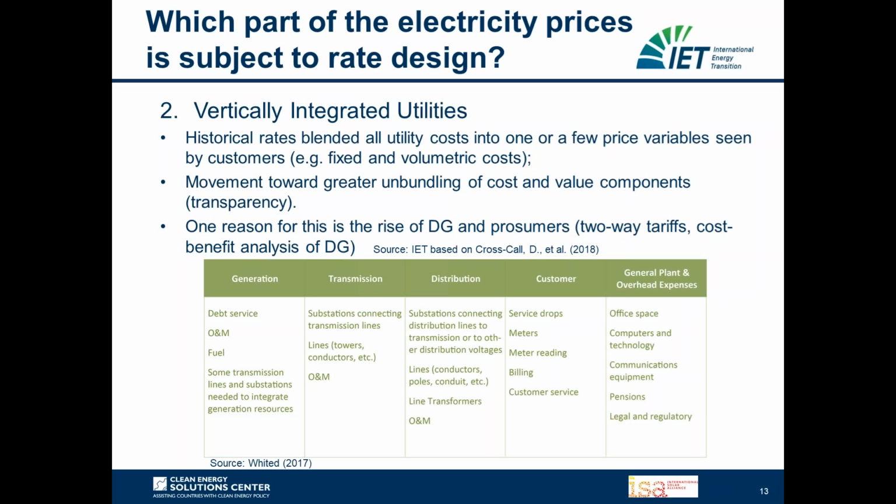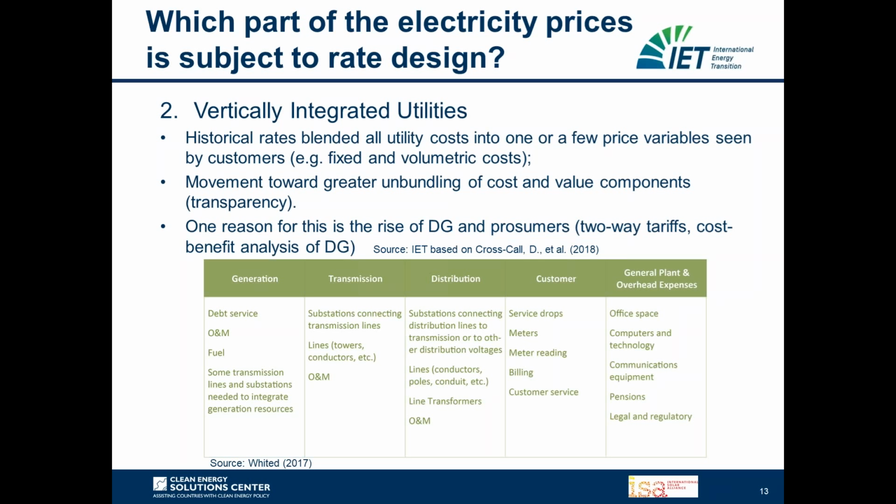However, also in vertically integrated markets, we're now seeing a movement that the costs of the system are more and more unbundled, also to give consumers more transparency on what cost is actually associated to what part of the electricity system.